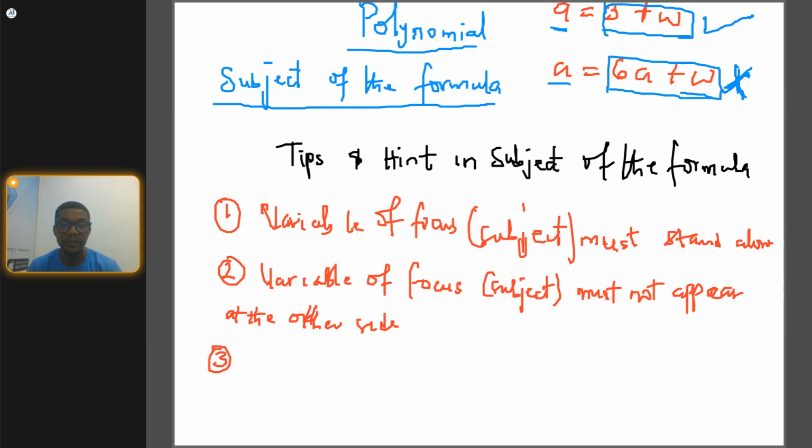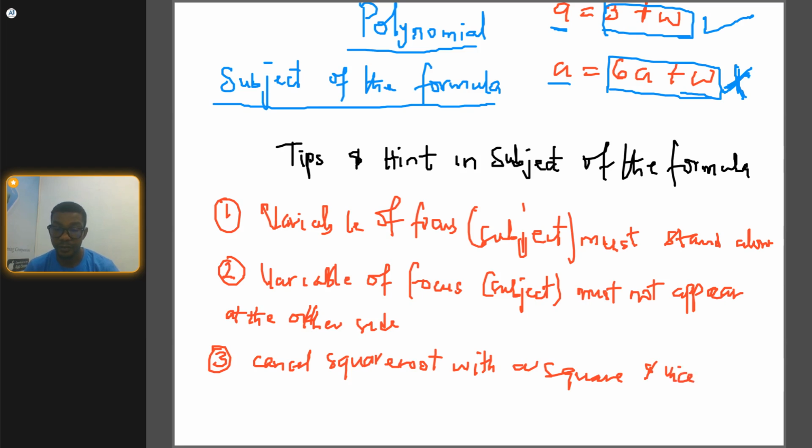Number 3. Sometimes questions may come with square roots or with squares. And while you are solving, you will need some process to ensure that you get your final answer. So one of the tips is that you cancel a square root with a square, and vice versa.